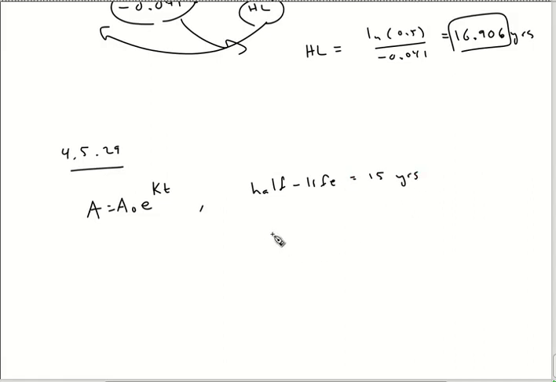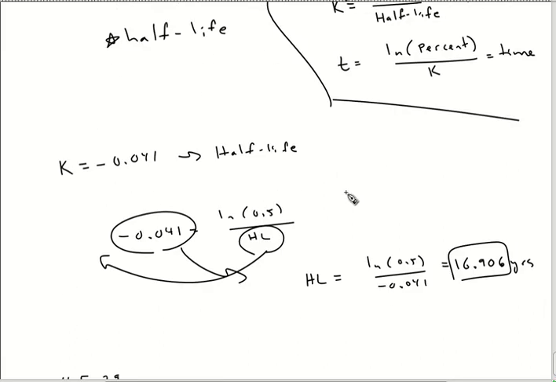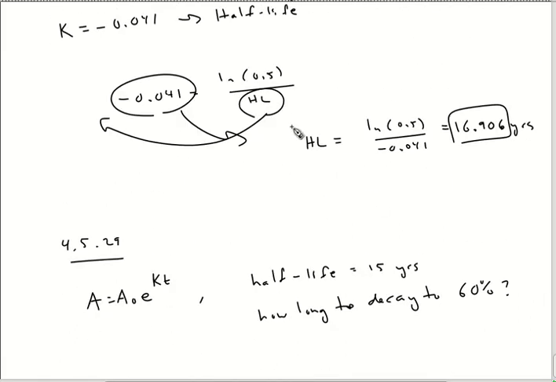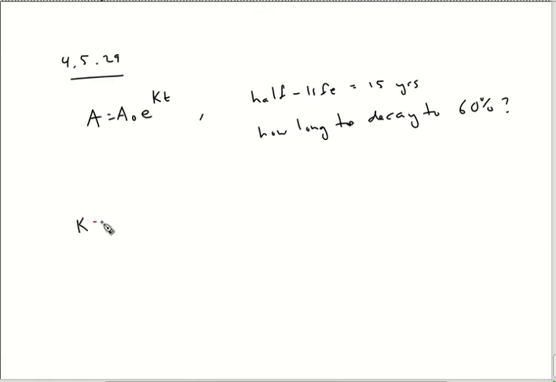And they ask how long to decay to 60% of the original. This is a classic. I'm going to use these two formulas, okay? So step one is that we need to find the rate, and it's very simple. We have ln of 0.5 divided by the half-life, which they gave me as 15.